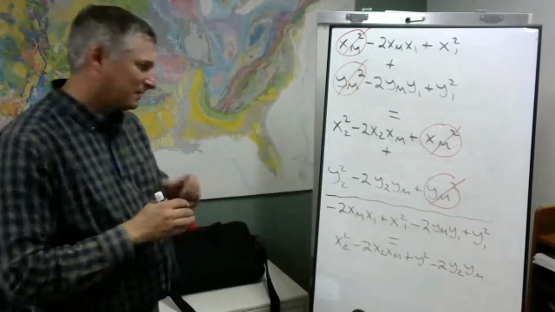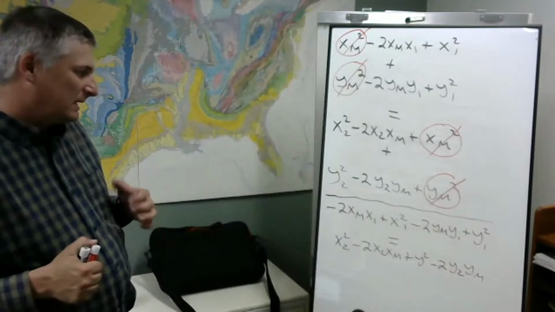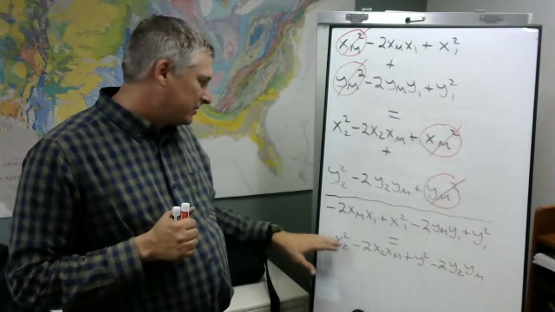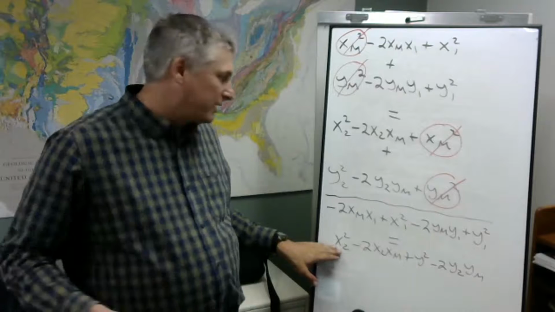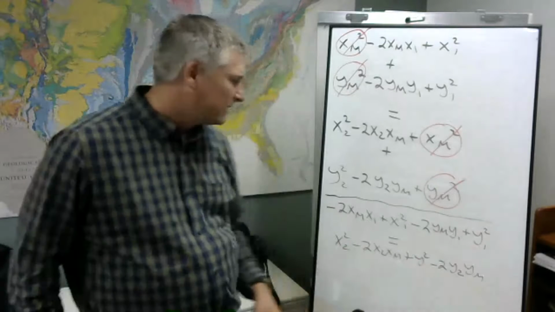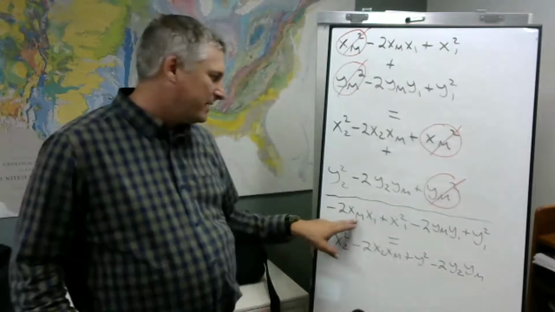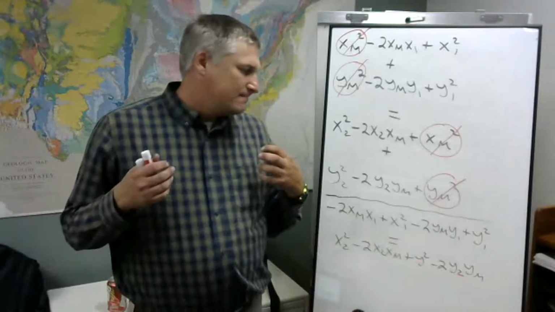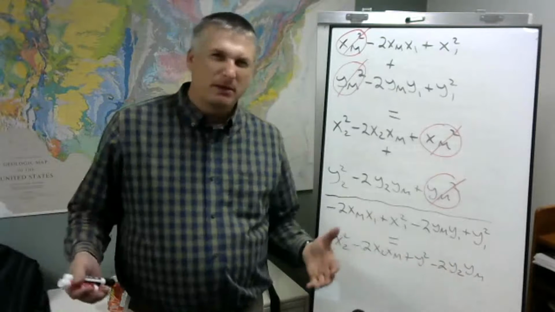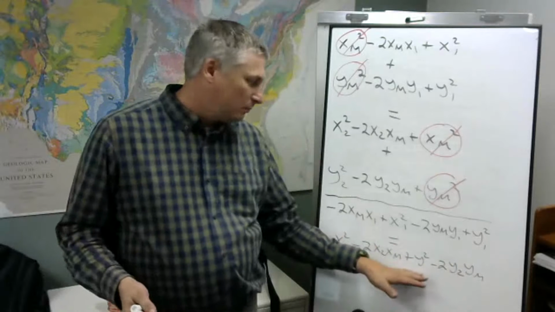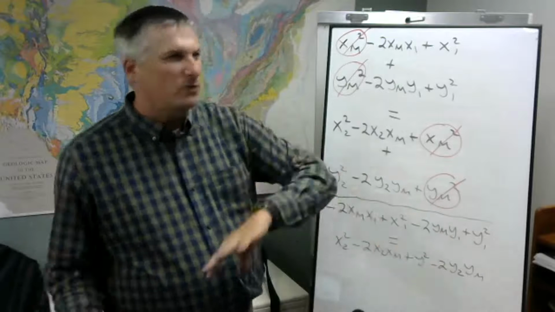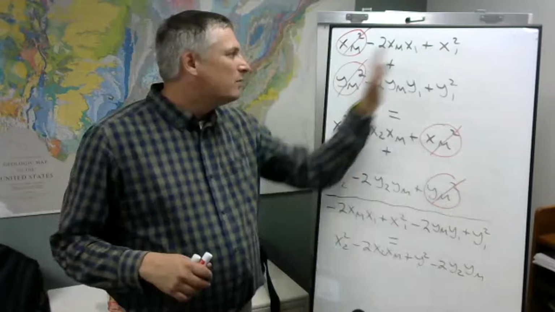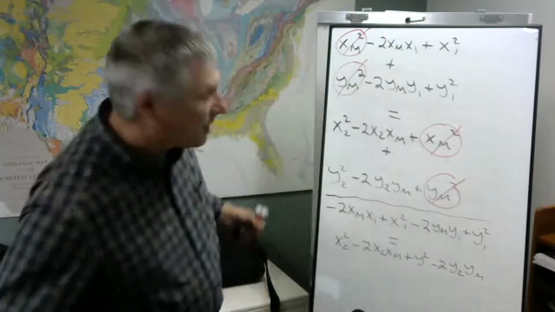All right. So we're gonna kind of do a little trick here. We've got terms that are just, well, an x squared or a y squared. And then we have terms like an x sub m or a y sub m in them. So I'm going to put all the terms that have a y sub m or an x sub m on one side of the equal sign and move over the terms without an x sub m or without a y sub m, move those to the opposite side.